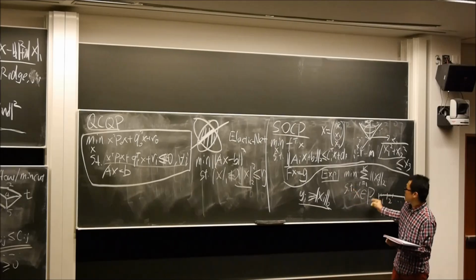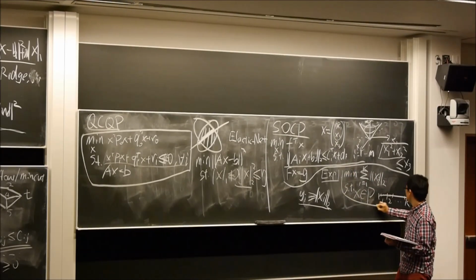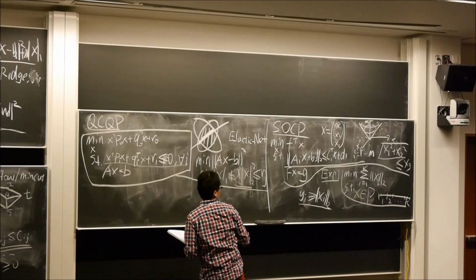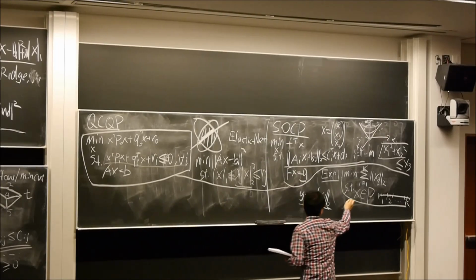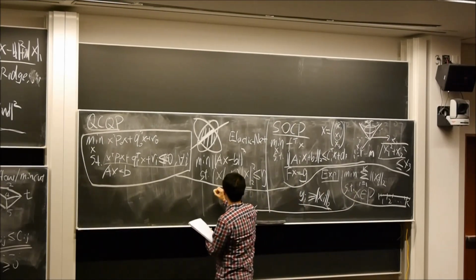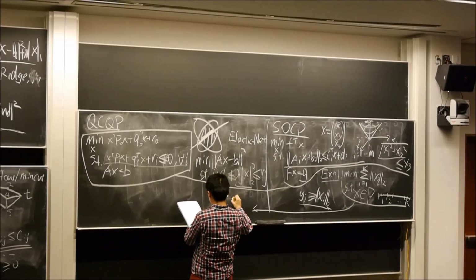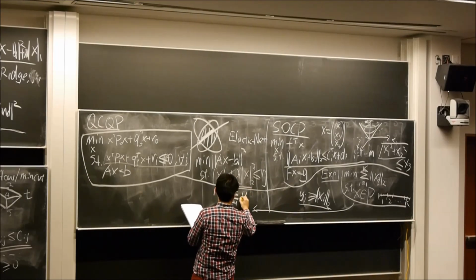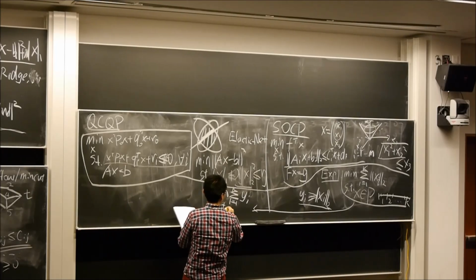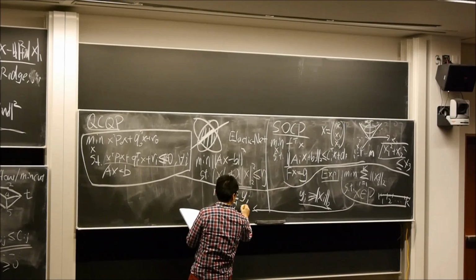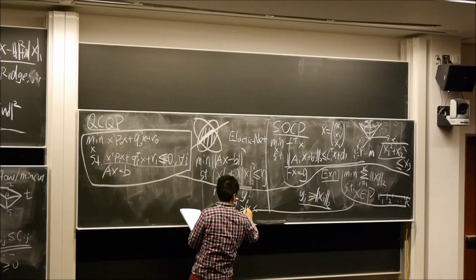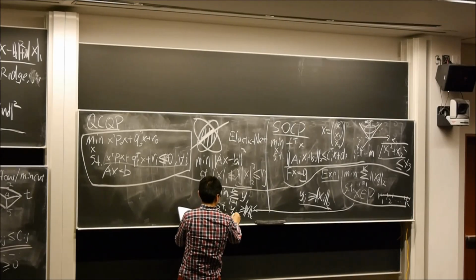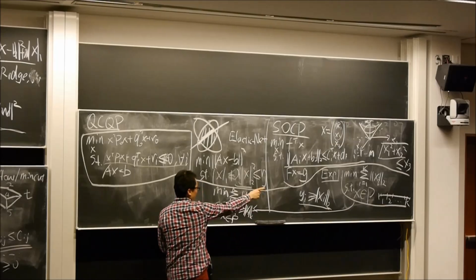Then doing this is essentially the same as, I need to write over here because I'm running out of space, this is essentially the same as we minimize the sum from i equals 1 to k of y_i, subject to y_i greater than or equal to the 2-norm of x_i, and also x belonging to the polytope that we had before.